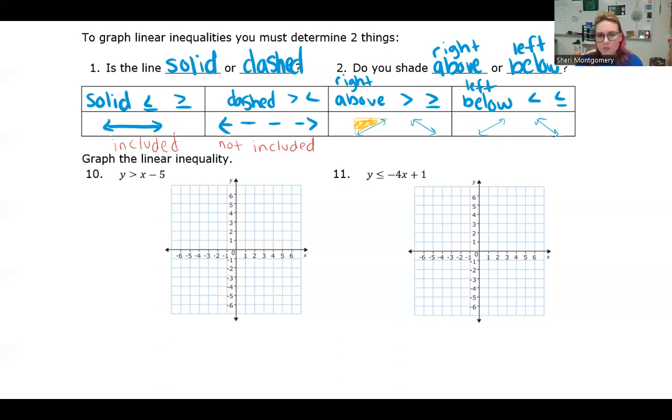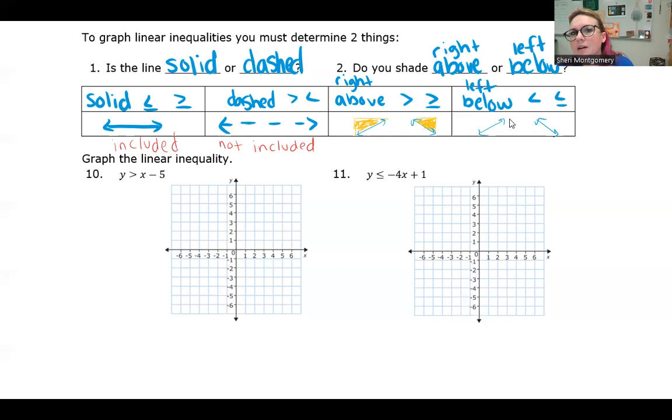If you have a negative slope, you're still shading above and to the right. So this one is usually confusing for students to know that, okay, well, above is right there.